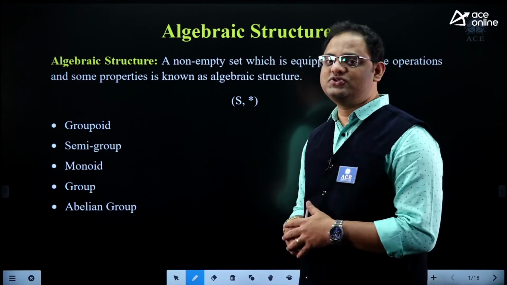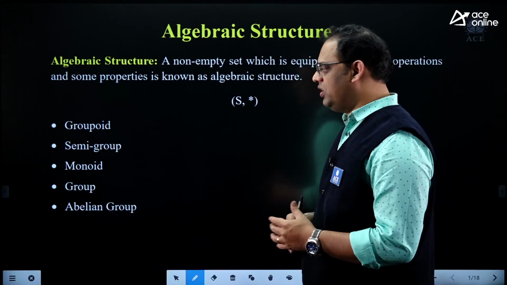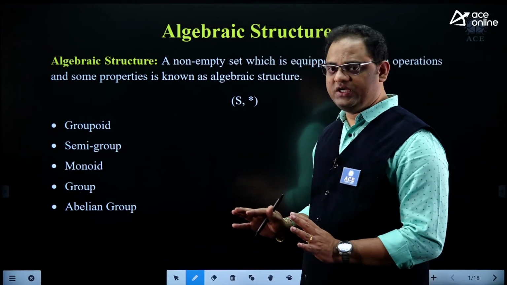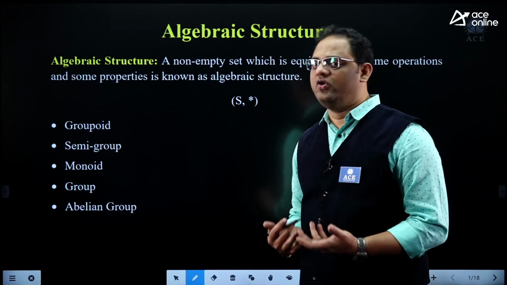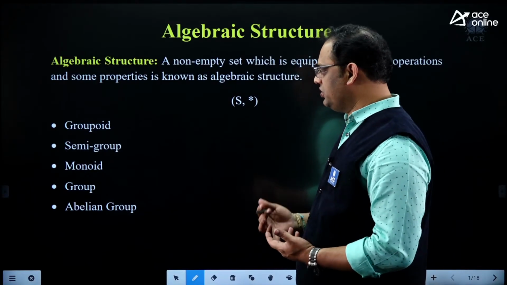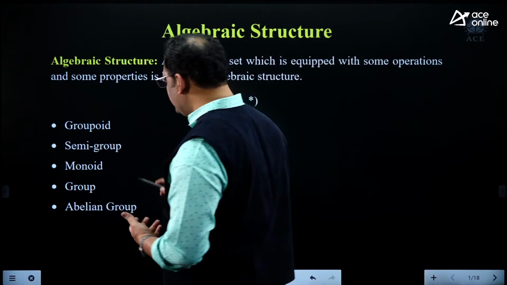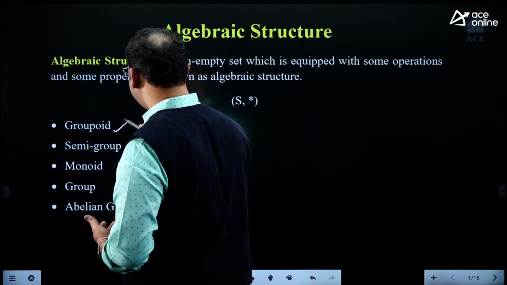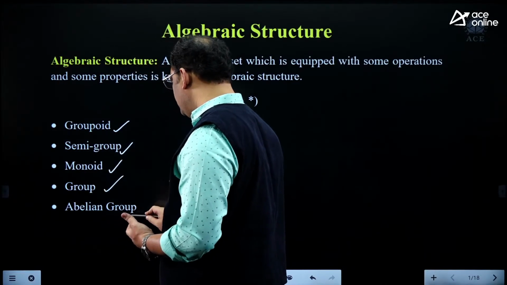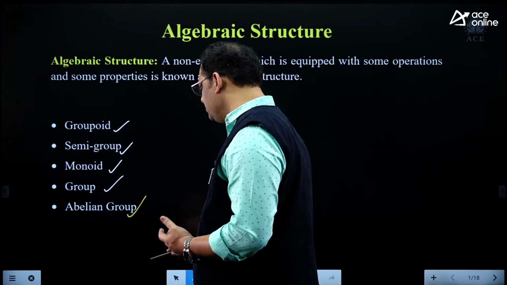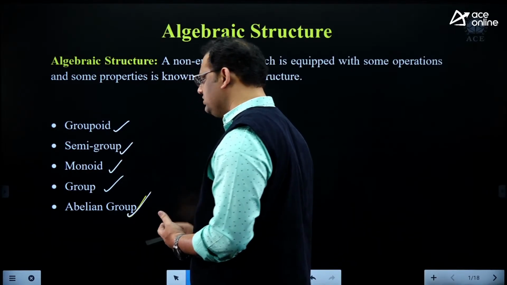That set is known as an algebraic structure. What are the properties? We can discuss that. Depending on the properties it follows, we can name it a groupoid, a semigroup, a monoid, a group, and an abelian group or commutative group.